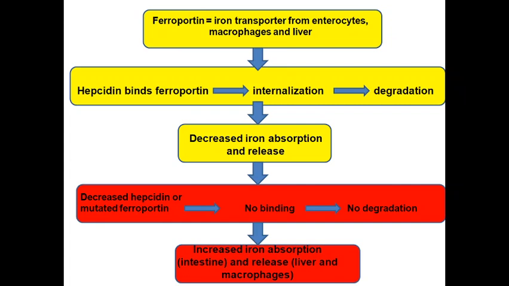On the other hand, if there is a decreased level of hepcidin, or the binding of hepcidin with ferroportin is mutated, in other words, hepcidin cannot bind with ferroportin, there will be no degradation of ferroportin and increased iron absorption from the intestine and release from the liver and macrophages, causing increased plasma levels of iron.